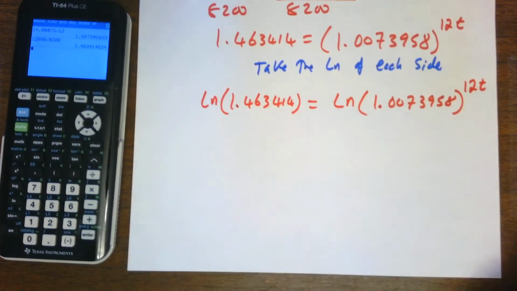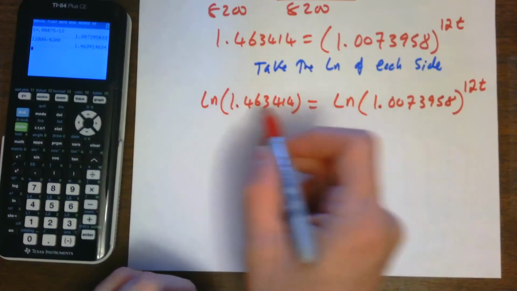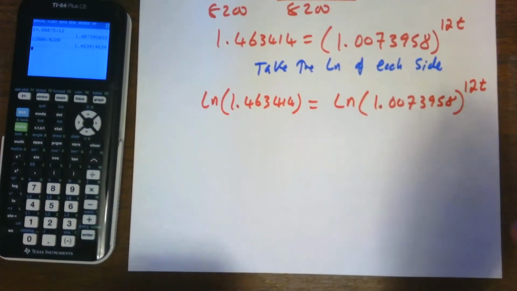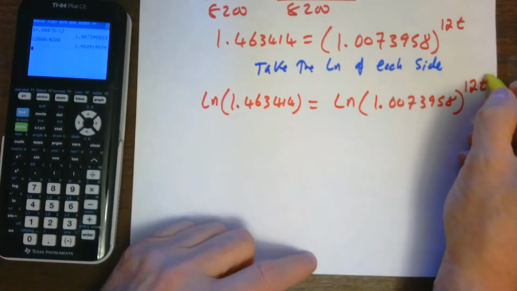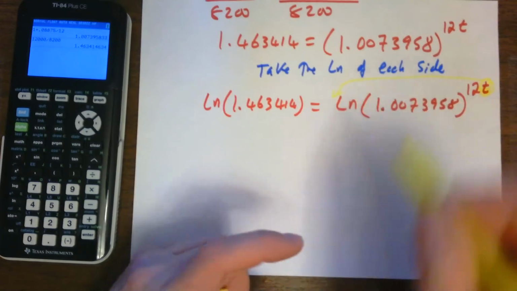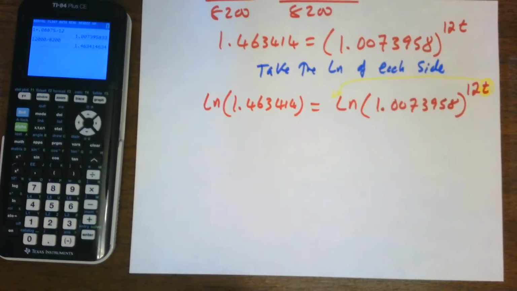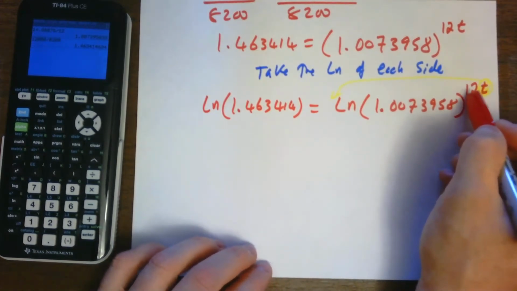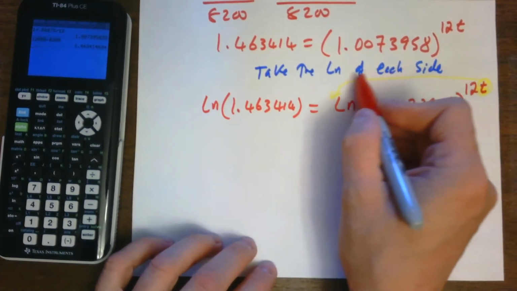Well, what does this do for me? Now that I've got a logarithmic equation, I can use my properties of logarithms. The best property of logarithms is that I can take this exponent and put it in front. The t, and I'm going to leave the 12 there. I don't care about the 12, but the t exponent.